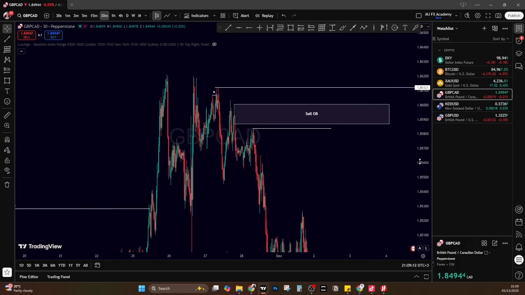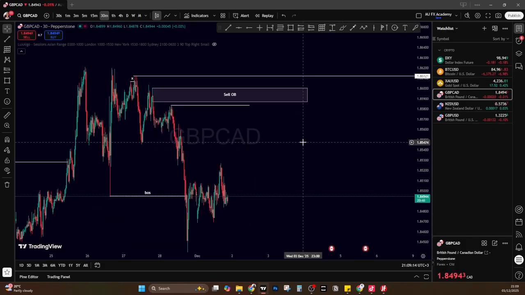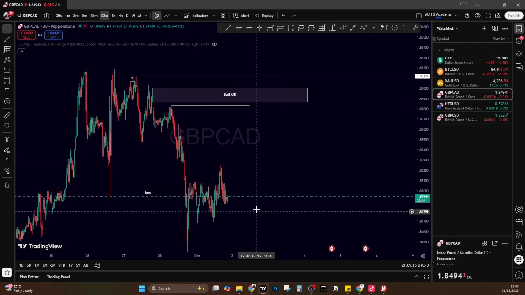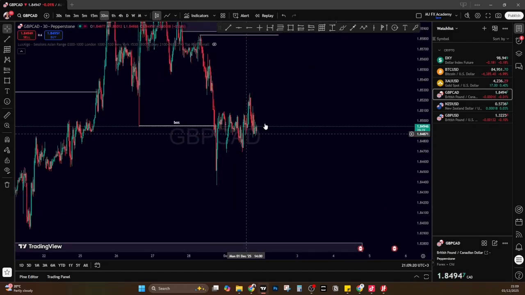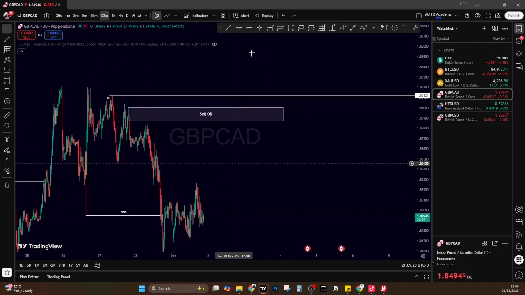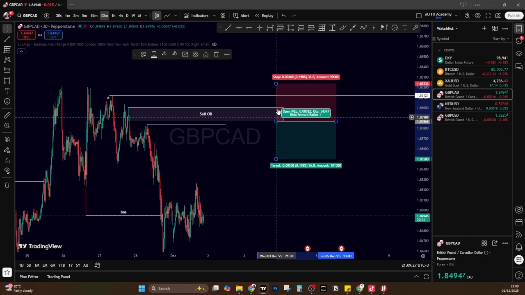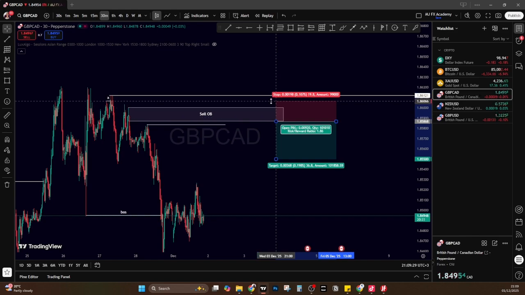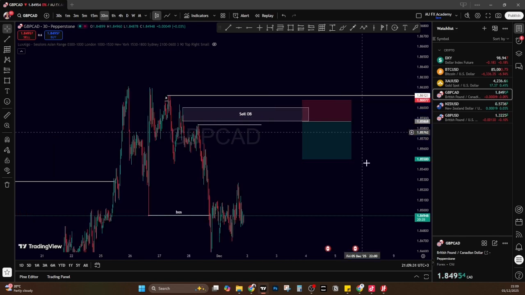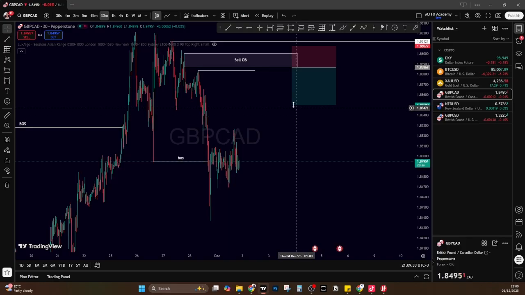We call that a sell order block, because I don't want to be part of this buy, because this buy will be a risky buy. Now you can come and wait or do your order from here.